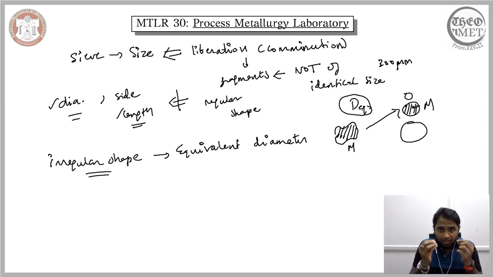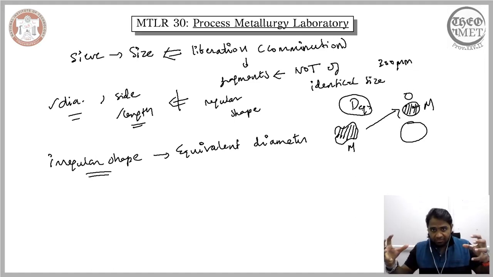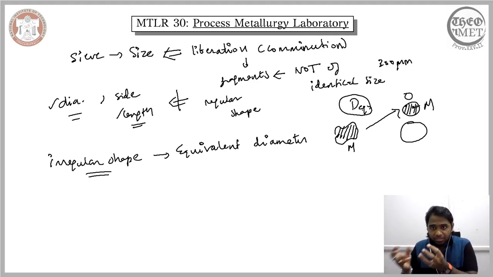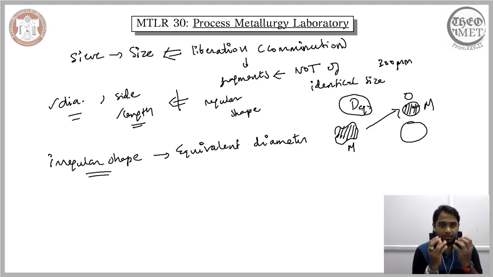It helps us understand that whatever technique we have devised, say I am feeding in 40% of my middling to the comminution, then in my end product there should be 40% of particles that are relatively smaller than the rest. In that way, sieve analysis also helps us validate the overall liberation process chain. And finally, despite the particles being irregular, it helps us identify the equivalent size of these particles.